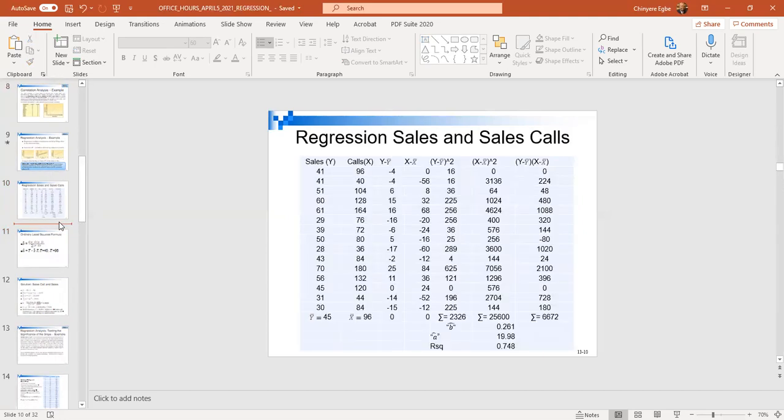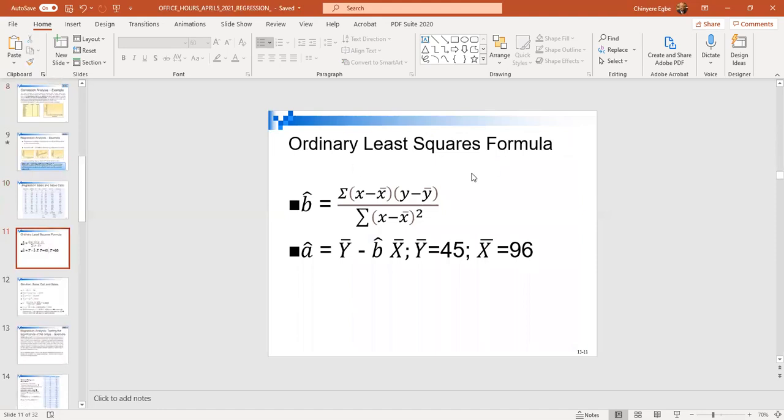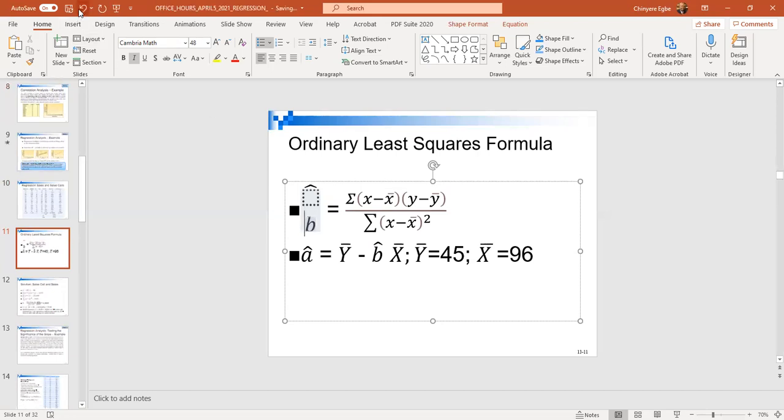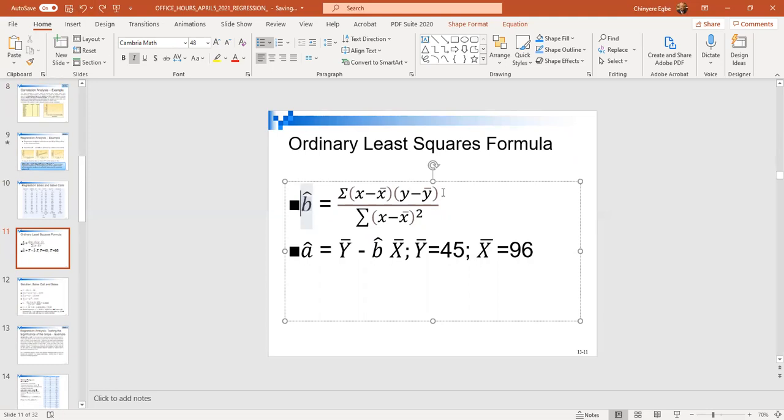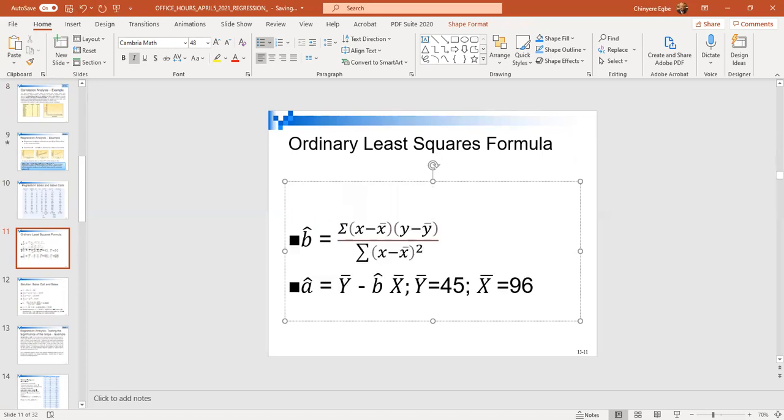So we have the equation Y equal to A plus B times X. We're going to estimate A using A hat, and we're going to estimate B using B hat.